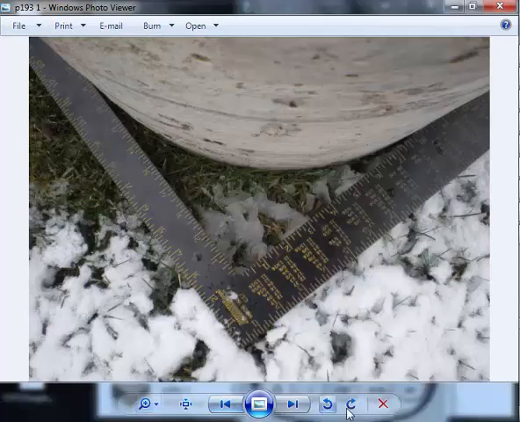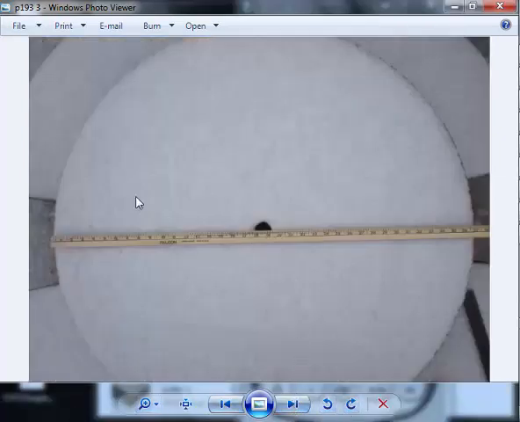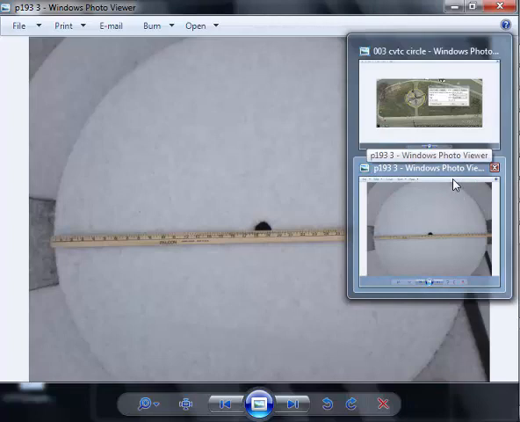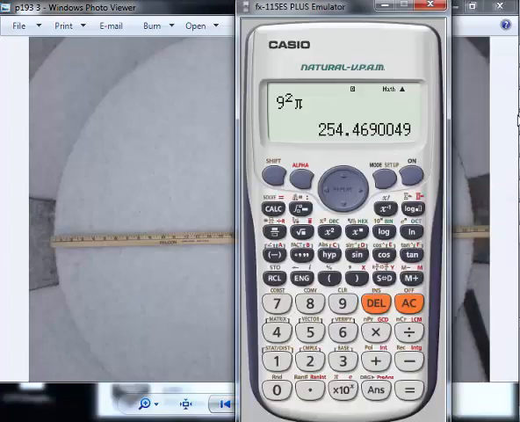Next one. Here we see the diameter of the circle is about 37 inches. Okay, so if we know the diameter, we are looking for the radius, so 37 divided by 2 is 18.5.